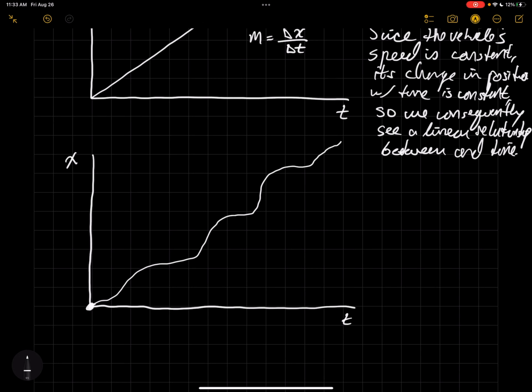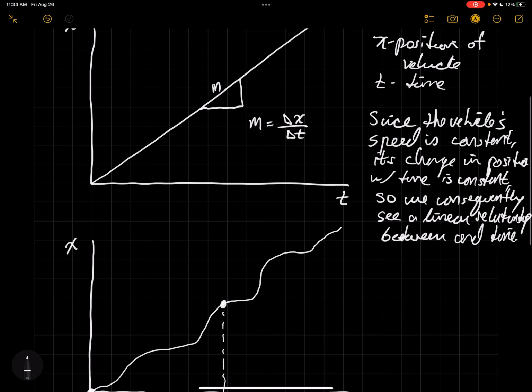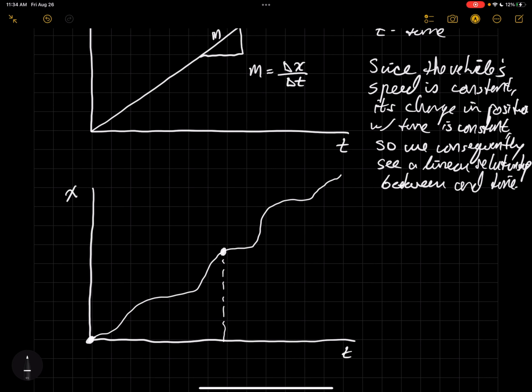So if we wanted to determine, say, the instantaneous velocity or the instantaneous speed of the vehicle at any given moment in time, let's suppose we pick this point right here, okay? We know, based on this earlier description, that we have to calculate the slope of the line right at that point, this moment in time, which, again, we'll just refer to as, for example, t1, okay?